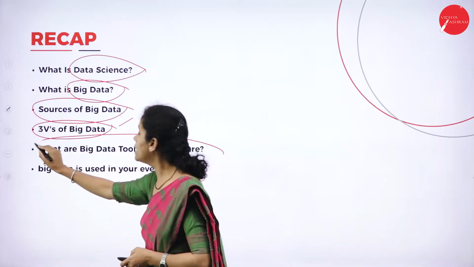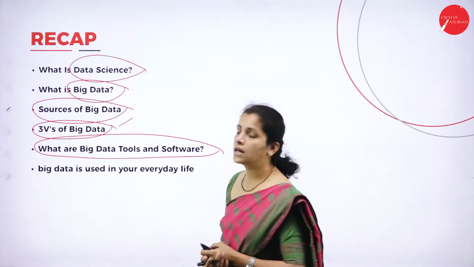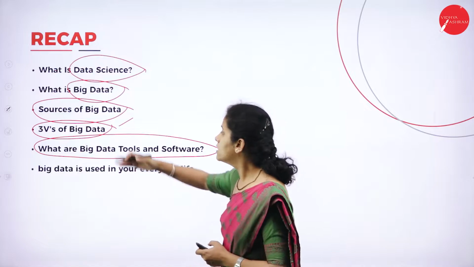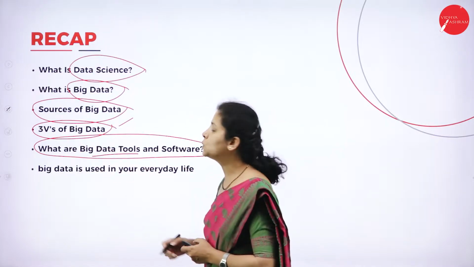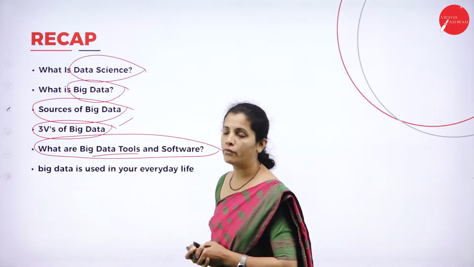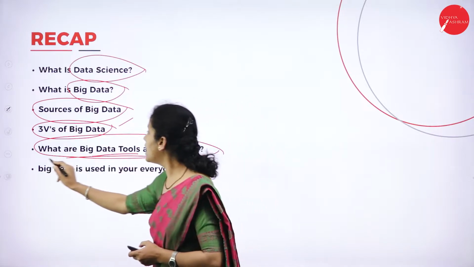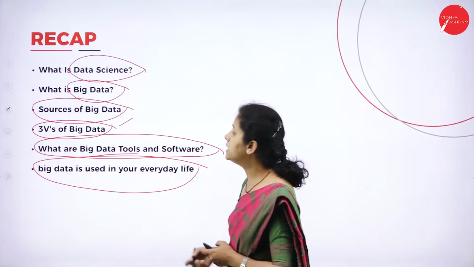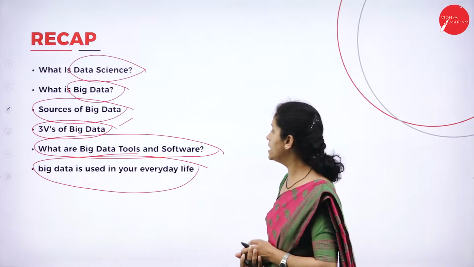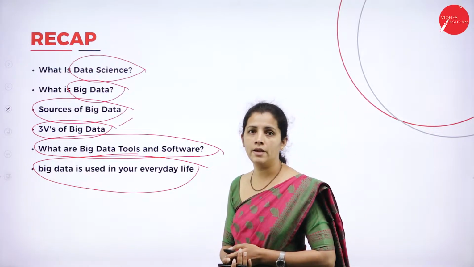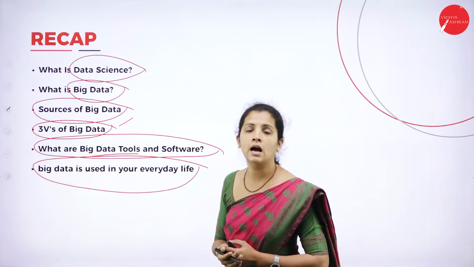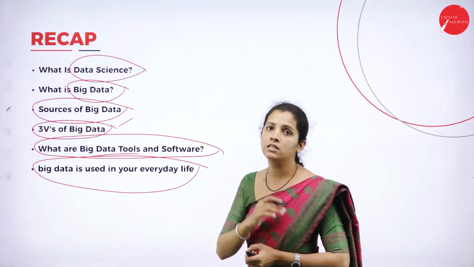I also discussed the different types of big data tools as well as software, and how big data is used in our daily life. So these are the topics I discussed in my last session.